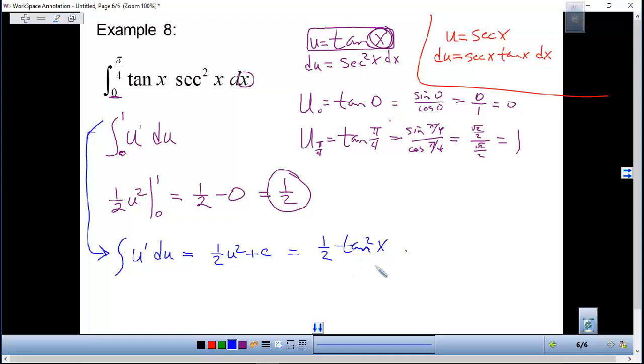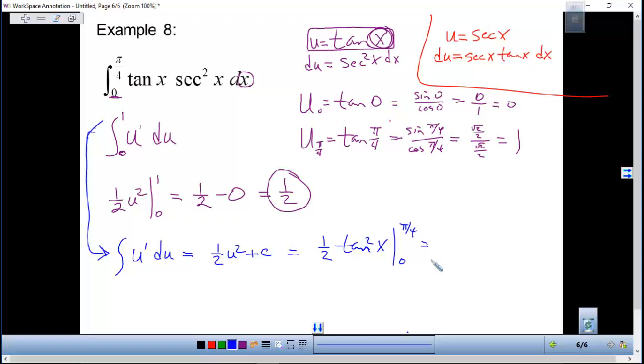Now, instead of the plus c, I'm going to go back and evaluate it from the upper and lower bounds. Since I'm in terms of x here, I'm going to start from 0 and pi over 4, because remember, those are the ones based on x.